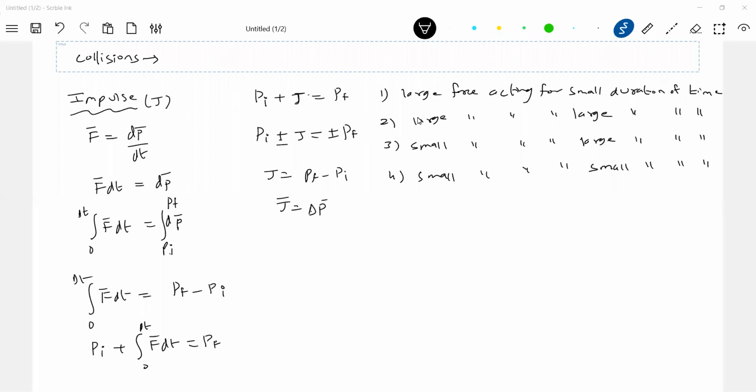Under which situation will an impulse be set up? Only a large force acting for a small duration of time sets up an impulse, according to the basic definition.